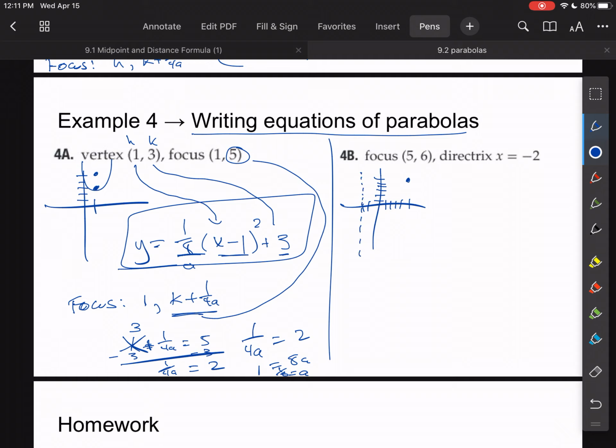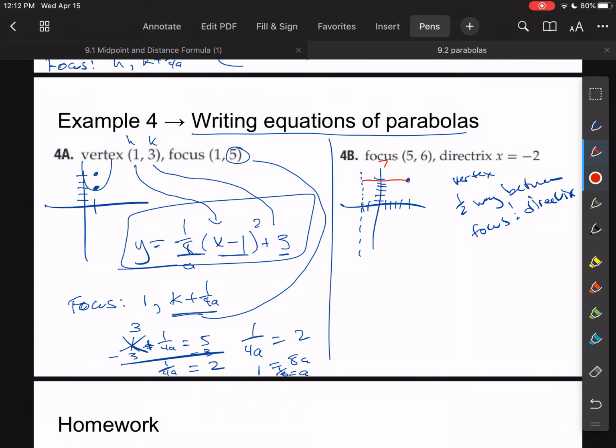Okay, so a quick hint for you guys, the vertex will always be exactly halfway between focus and directrix. So we know that just by counting, the distance between the directrix and the focus is 7.